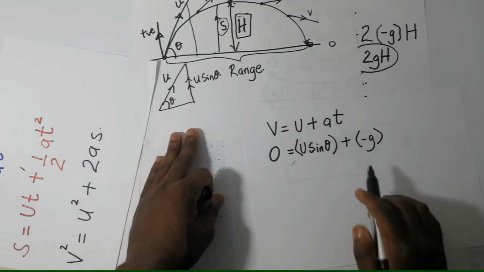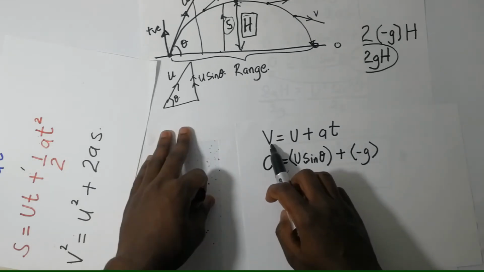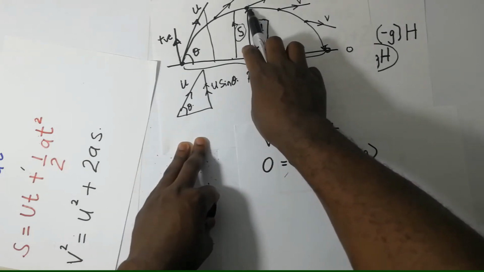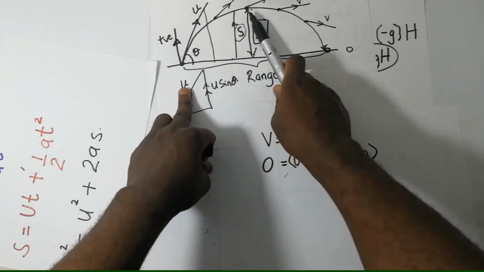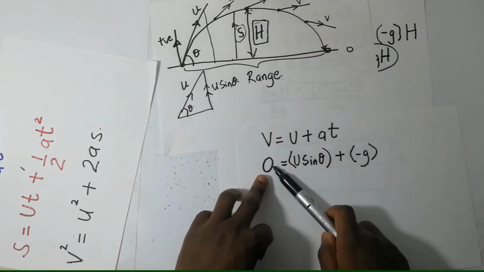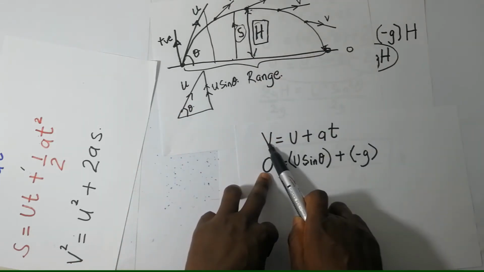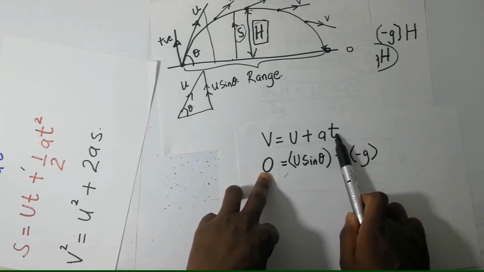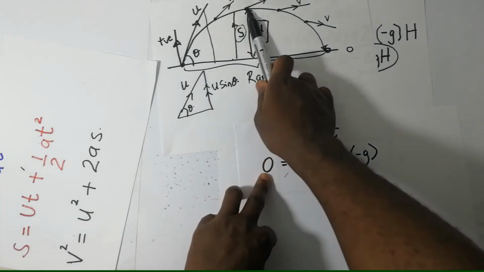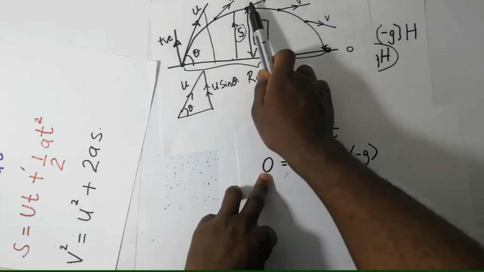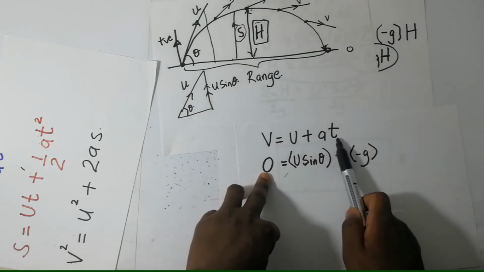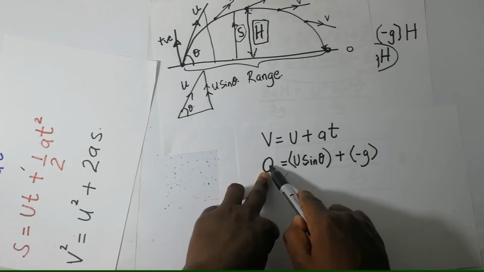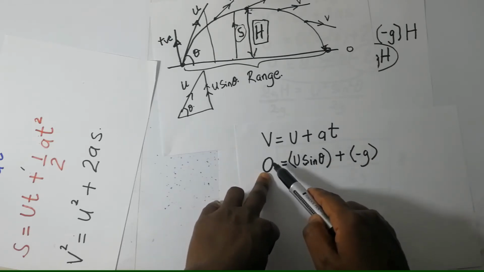Now this time, since the velocity is momentarily 0 when it is about to turn back down, it corresponds to the time taken to move from here to there. In other words, this value of time t represents the time taken to reach maximum height.